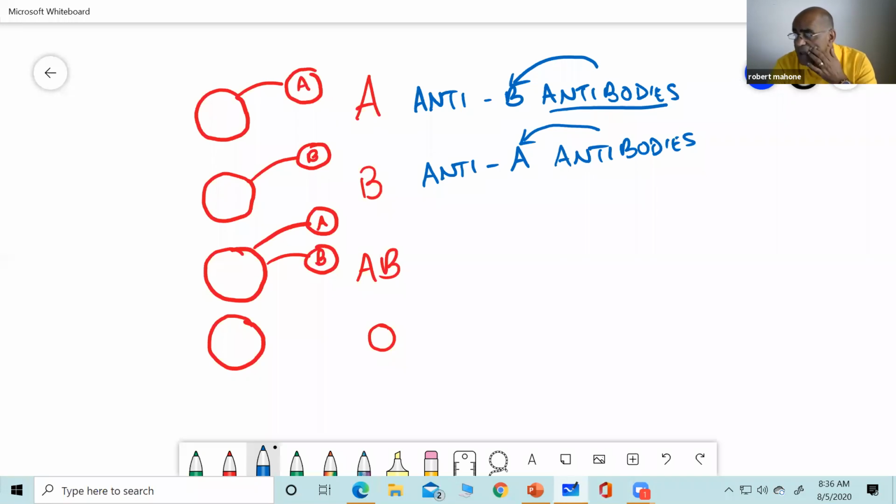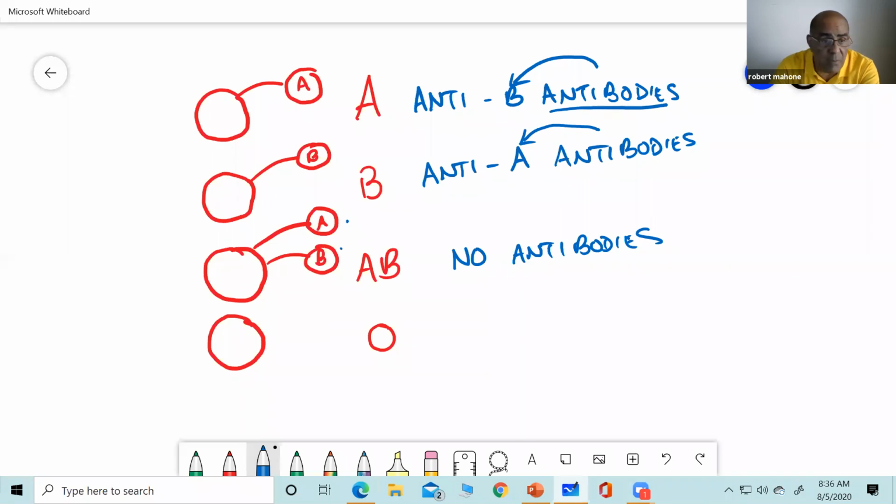All right. Now, people who have AB blood don't have A antibodies and they don't have B antibodies. They can't, because they have both those markers on their blood cells. So AB blood has no antibodies.